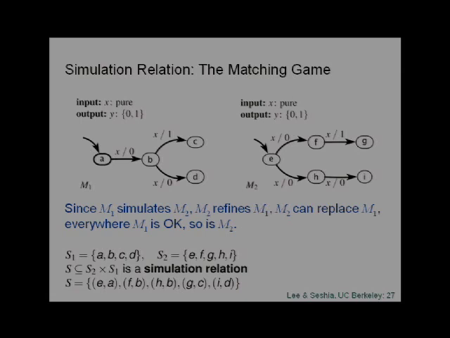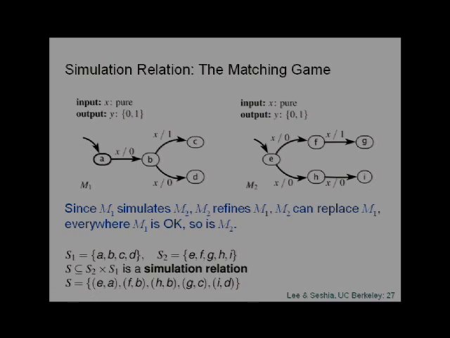Okay, so I should list first those pairs, and DI, and then if you look at state F, from F you go to G, and from B you go to C. So the question is, does F simulate B?